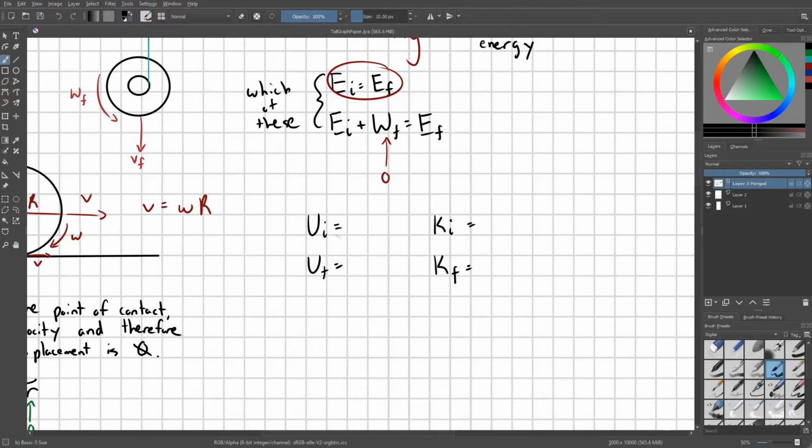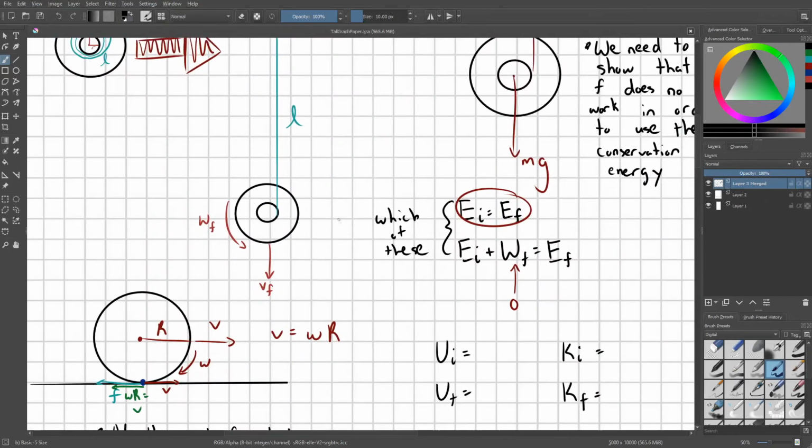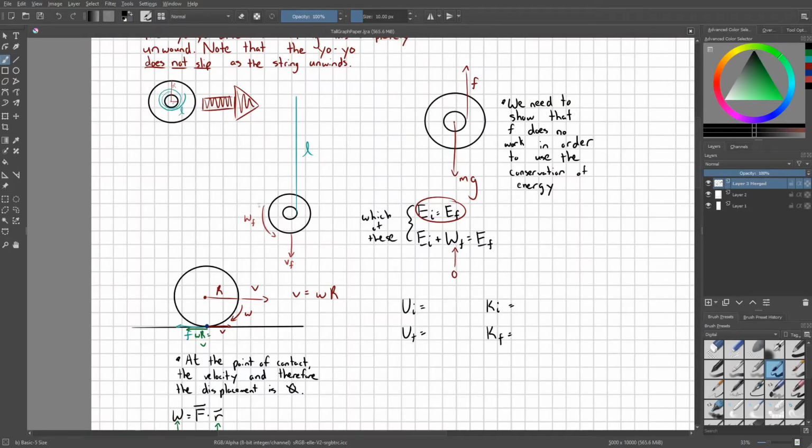Well, our initial potential energy, let's go ahead and say for a second that here, we're going to say that this potential energy, U final, equals zero.